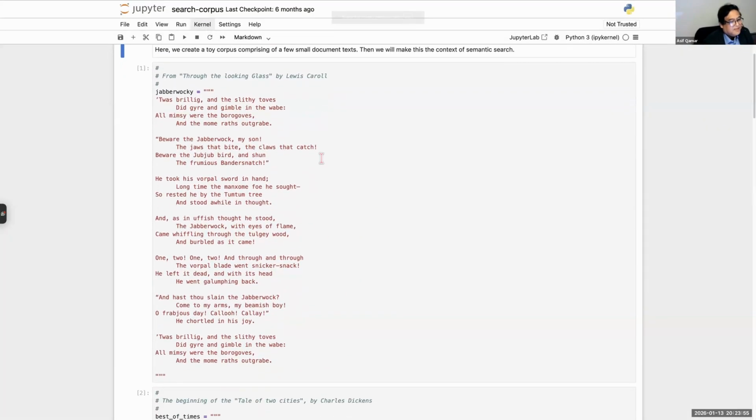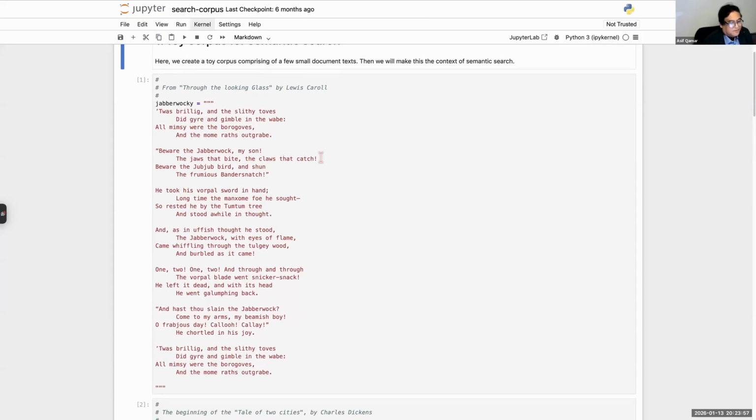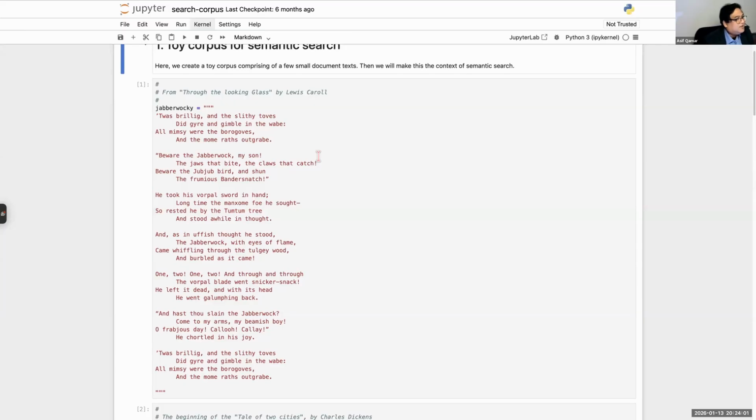This is, for many people, their favorite poem, Jabberwocky. The defining quality of this bit of text is, if you read it, it seems to make sense. "'Twas brillig in the slithy toes, did gyre and gimble in the wabe. All mimsy were the borogoves, and the mome raths outgrabe." You notice something about it?